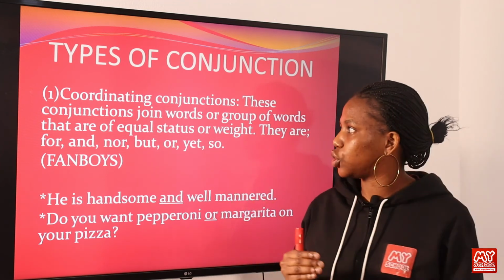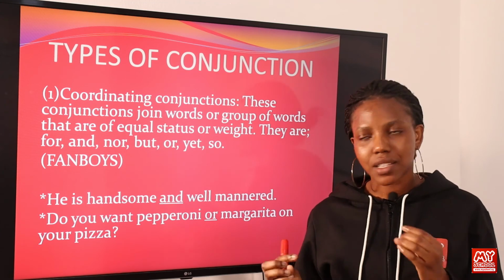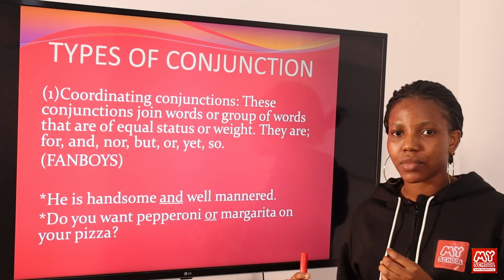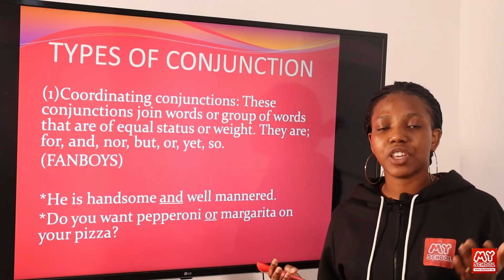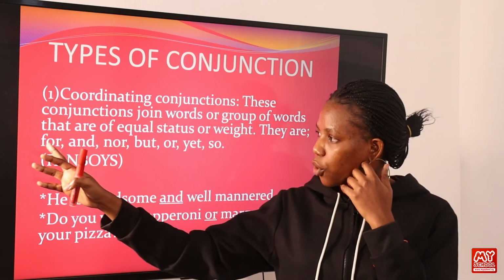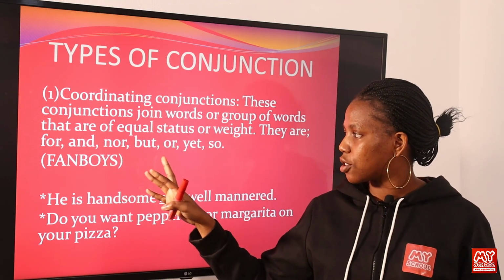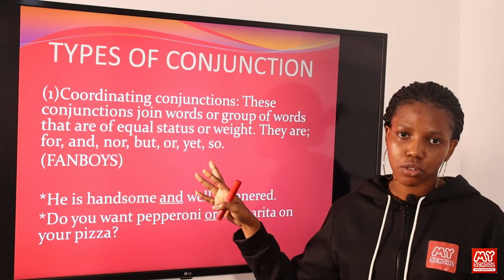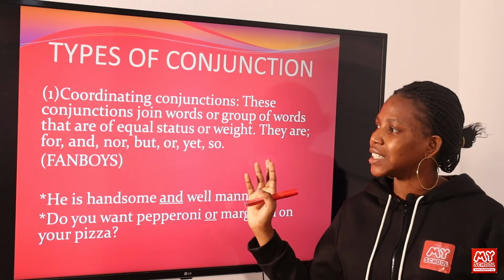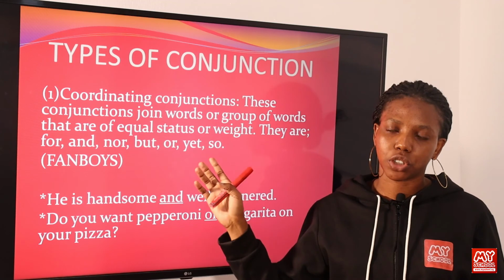These conjunctions join words or groups of words that have equal status or weight. They are for, and, nor, but, or, yet, so. These are all examples of coordinating conjunctions.